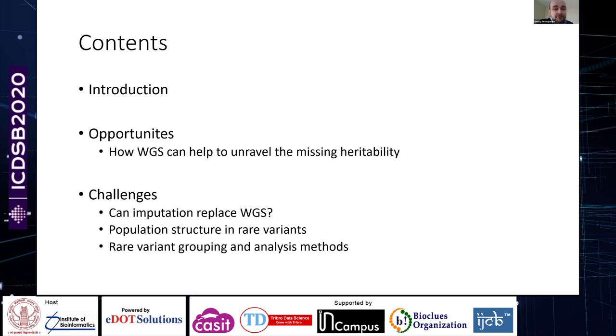And then I'll talk about what kind of value whole genome sequencing provides and what are the challenges associated with this type of technique and analysis. And in particular, I will talk about imputation, population structure in rare variants, and rare variants grouping and analysis methods in general.